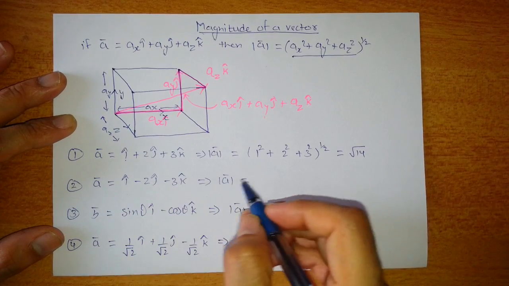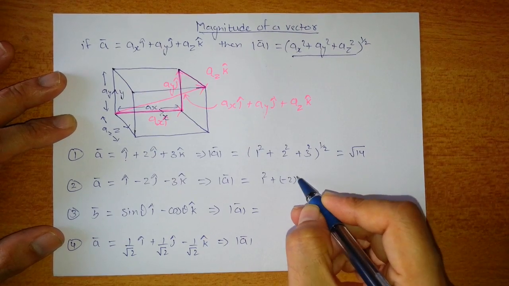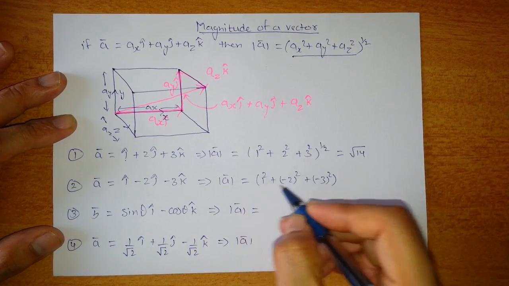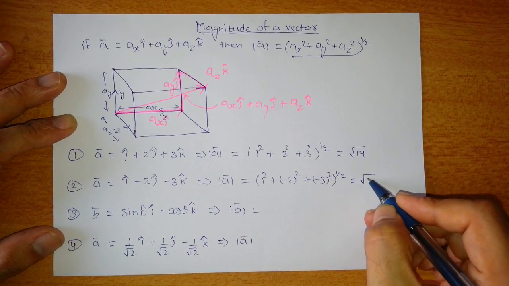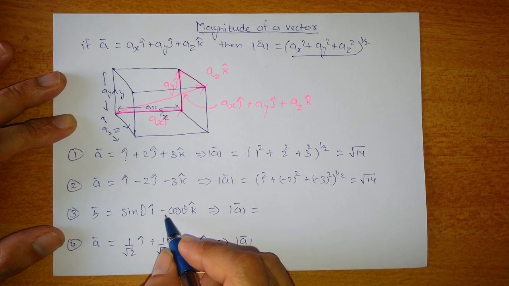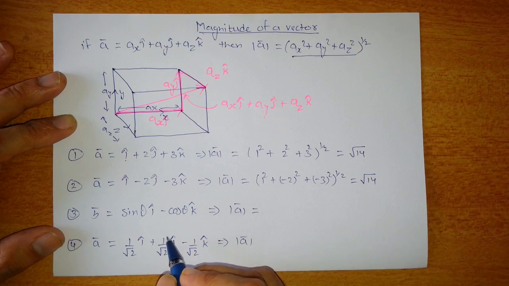Similarly, in the next example, the x, y components are 1, minus 2, and the z component is minus 3. But as we are doing the squares, whether it's plus 3 or minus 3 doesn't matter, we'll get the same, root 14.